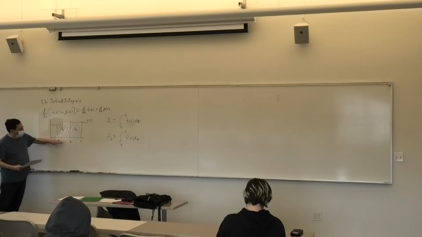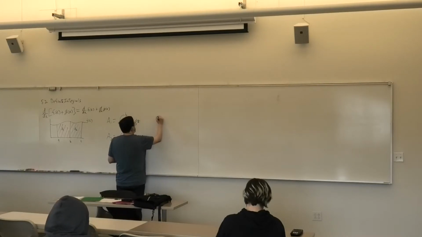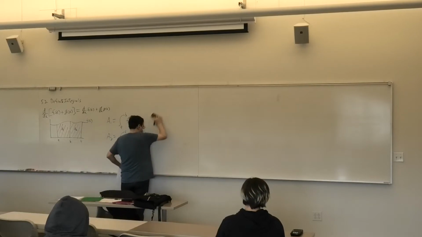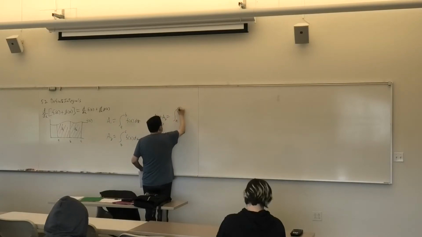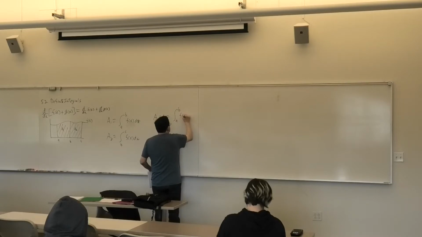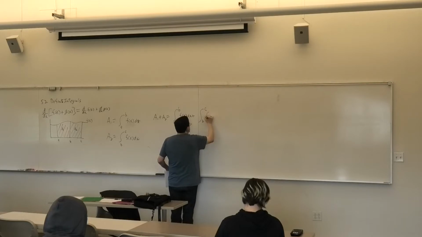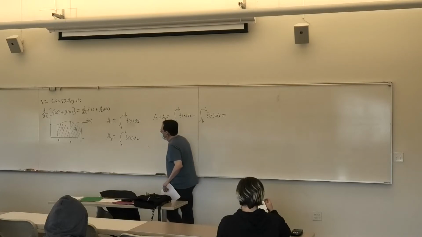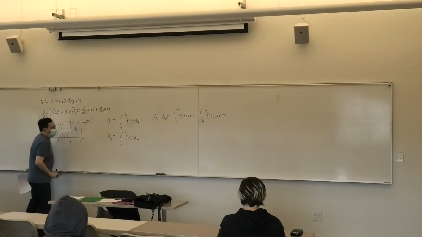It should be pretty clear that A1 plus A2 is equal to the integral from a to b plus the integral from b to c. But likewise, you can see this is just an integral from a to c of this function.